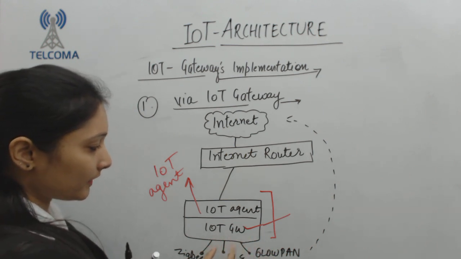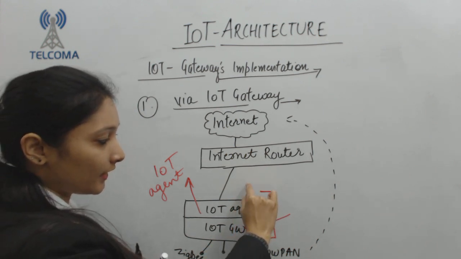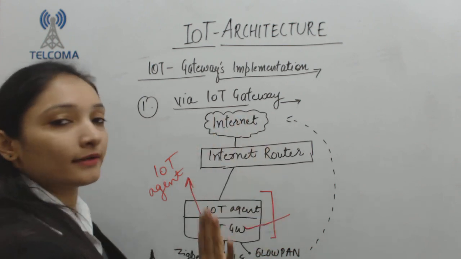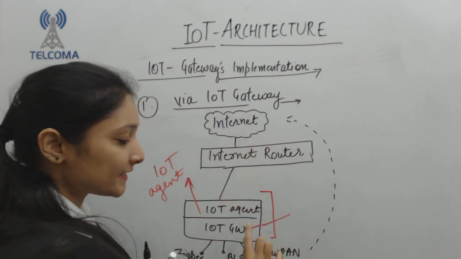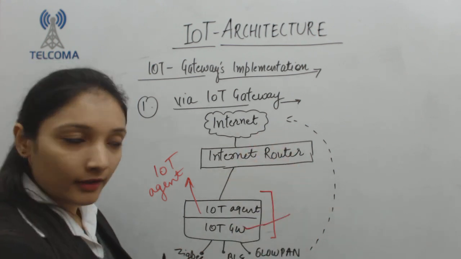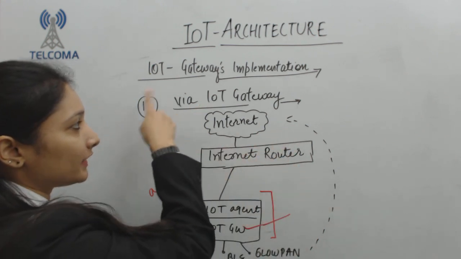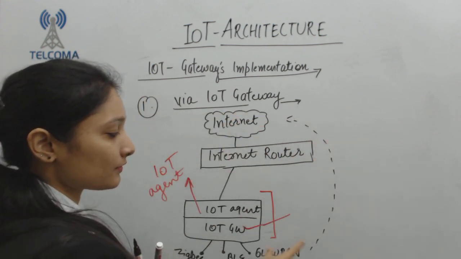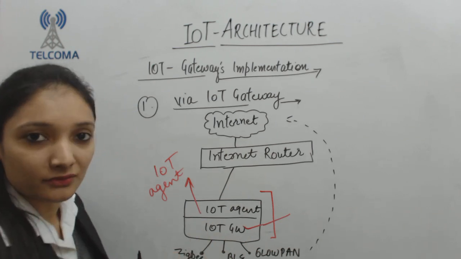These communicate with this agent, which then forwards that information to the internet. So with the help of the gateway, the information is transferred from this end to that end. This is the gateway implementation, that is, how information is processed using IoT gateways.